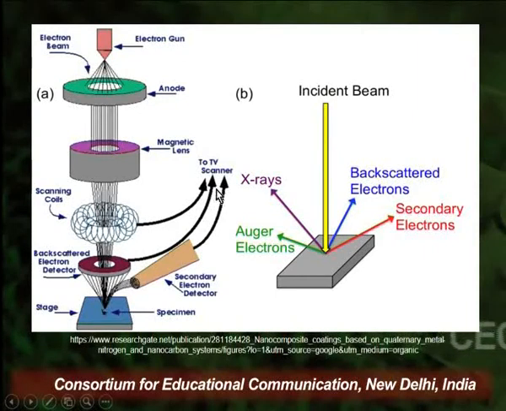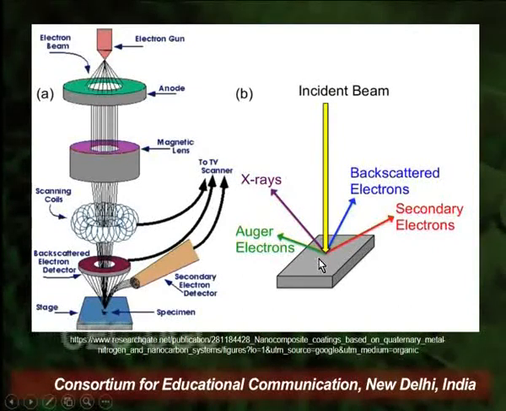So the second diagram also tells us that this incident beam which falls on the surface generates different types of rays. One is backscattered electrons, the other one is secondary electrons.